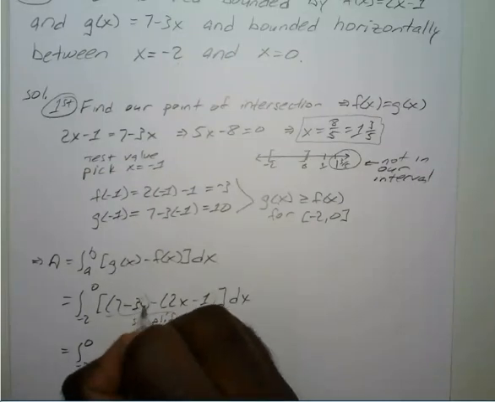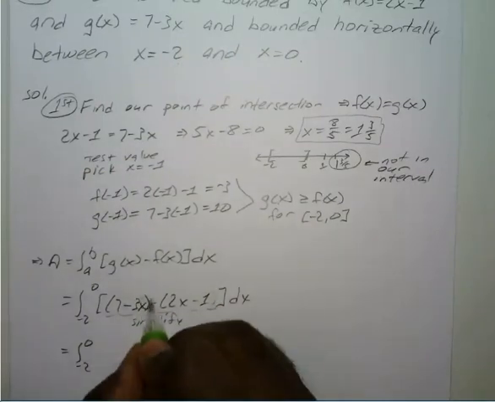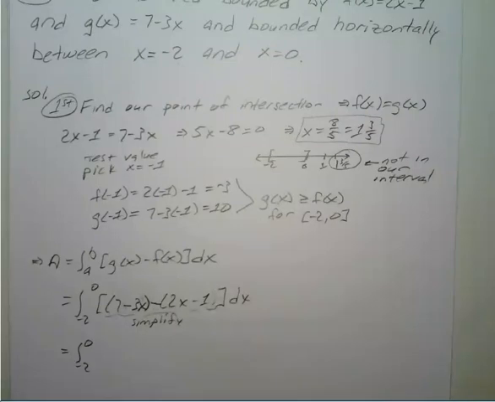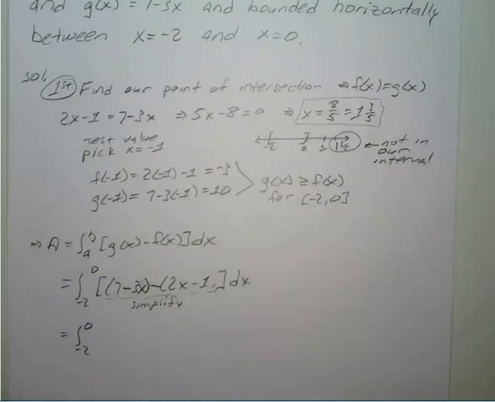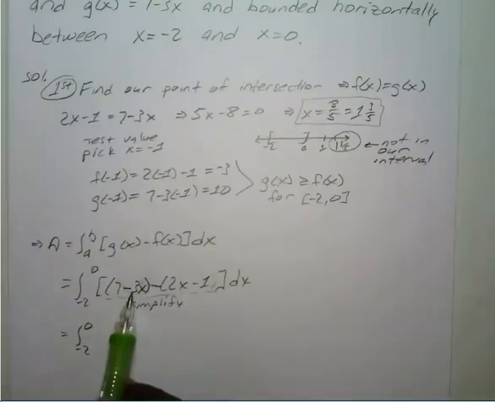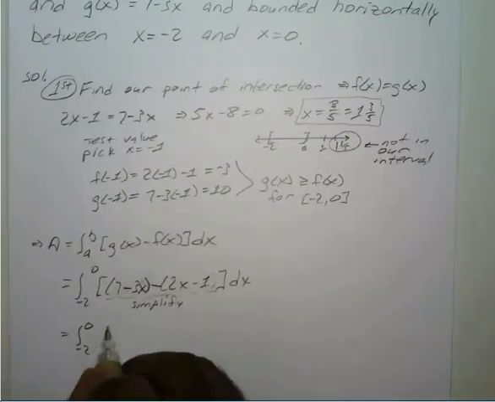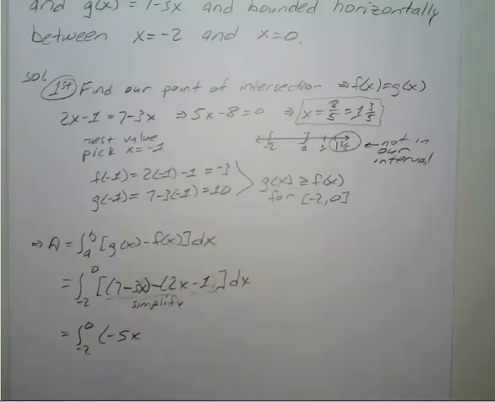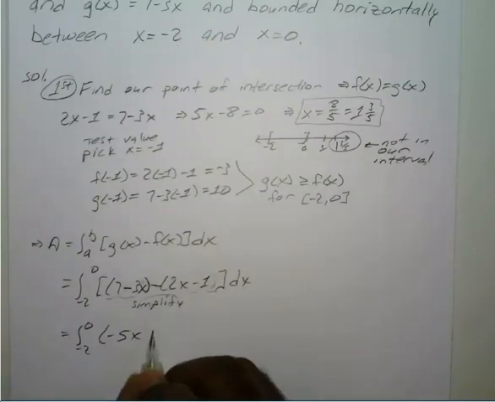I'm like, something did not look right. There we go. Okay, so minus 3x minus 2x, that gives us -5x. Now things are looking better. And 7 minus negative 1 is 7 plus 1, which is 8. So -5x plus 8 with respect to x.